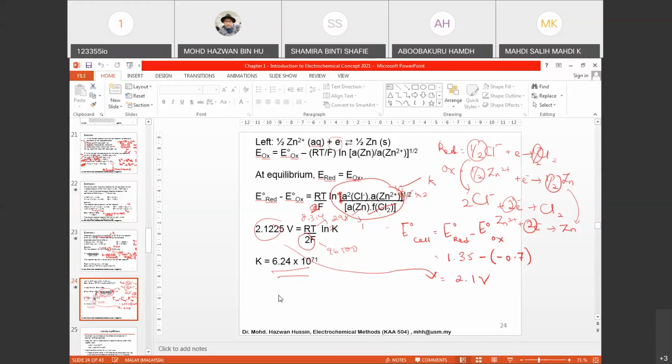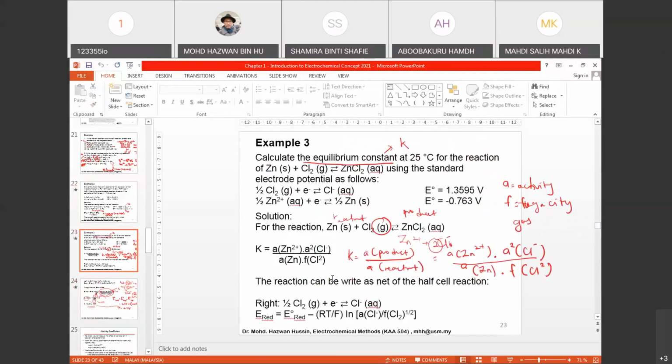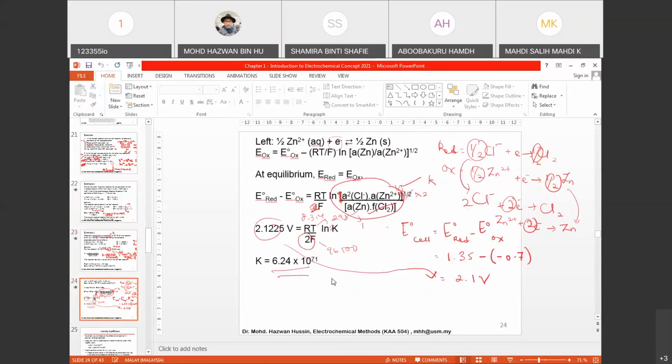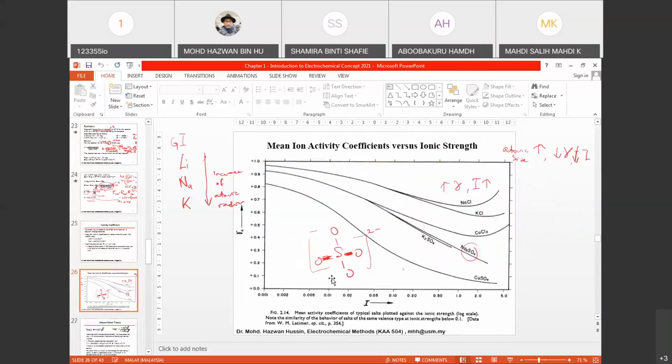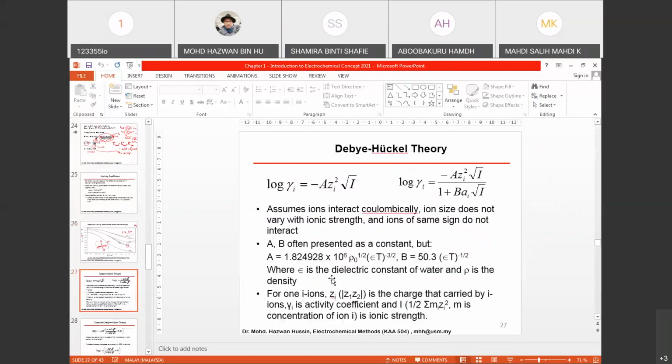This clearly tells you that the values we use can sometimes vary, and that also will give a variation in the values. So I hope you guys can catch that.